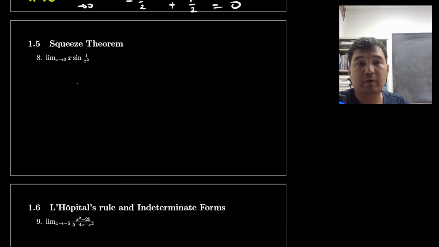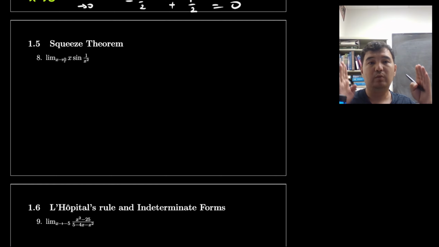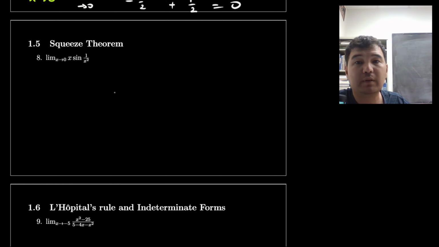Next very important theorem in limits is the squeeze theorem, or in some books it's called the sandwich theorem. The idea is to squeeze the function in between two functions. So for example, in this case, take this sine function, sine of 1 over x squared. This function is always between 1 and negative 1 because it's a sine function.